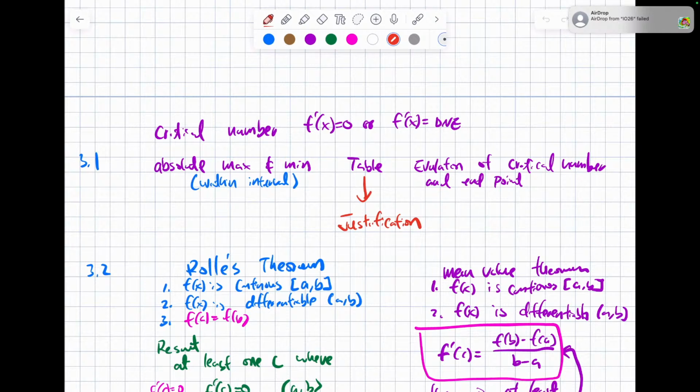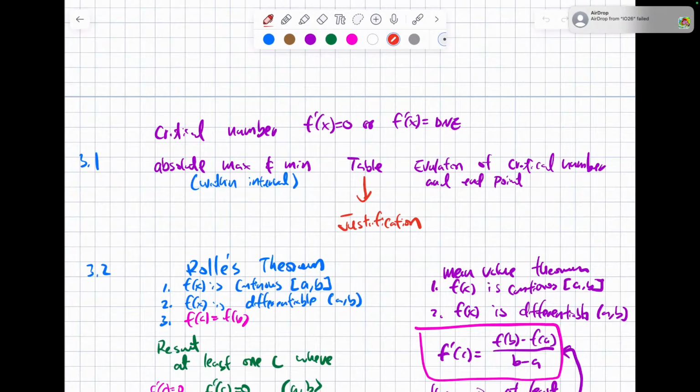Concavity: f double prime of x greater than 0 is concave up; f double prime of x less than 0 is concave down. f double prime of x equal to 0 is not an inflection point yet. Again, f prime of x equal to 0 does not mean relative maximum or minimum; it's only so until proven by the number line.